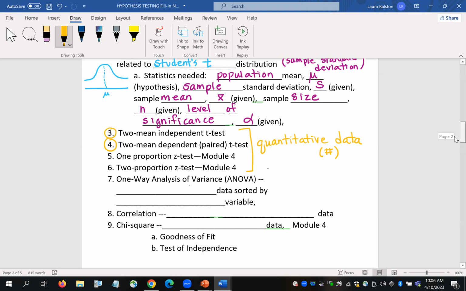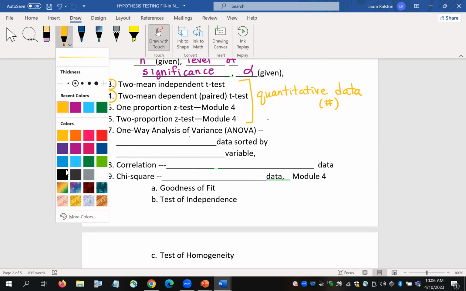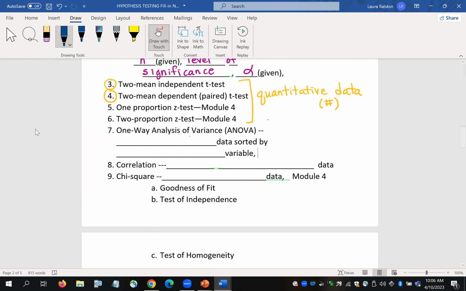We will also talk about in Module 3 the one-way analysis of variance, which is also called ANOVA. It's abbreviated ANOVA. It's actually kind of a combination deal because it is quantitative data. It's numbers sorted by a qualitative variable. So we take our numbers and we sort them into categories.